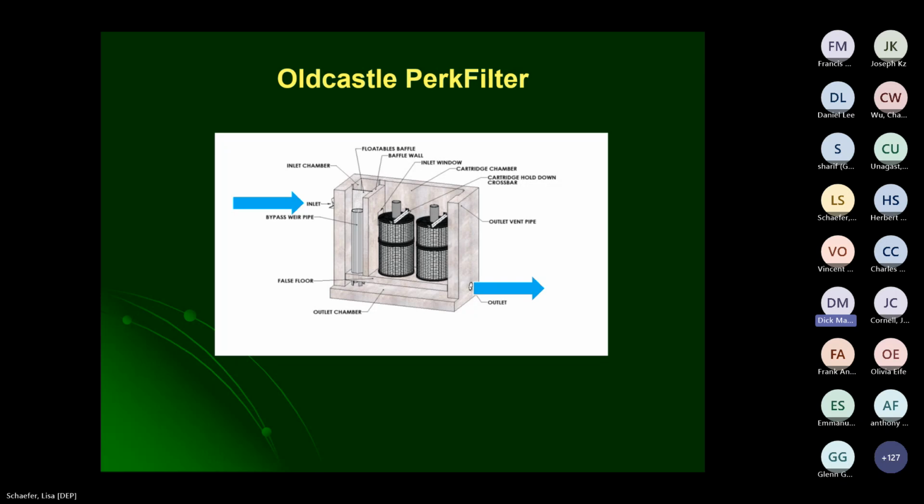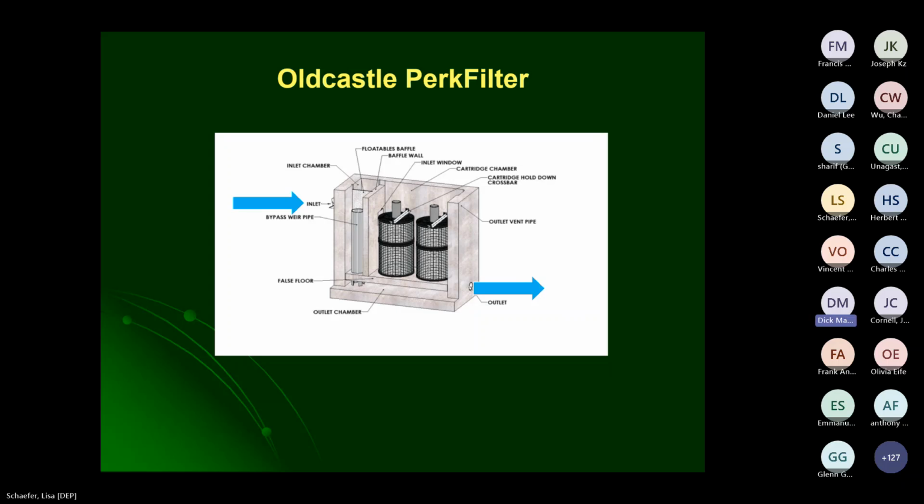Key to all types of filters is maintaining the proper scaling ratios, because if you think about it, in this case here, you're getting sedimentation and removal both in that inlet chamber as well as stuff that is going to settle out on the floor of the cartridge chamber, and then the fines are going to be removed in the actual cartridge filter itself.